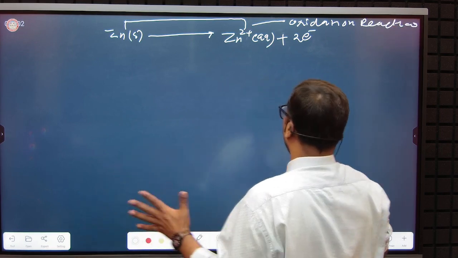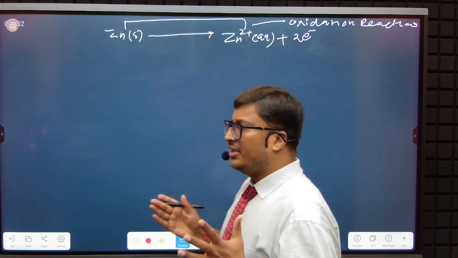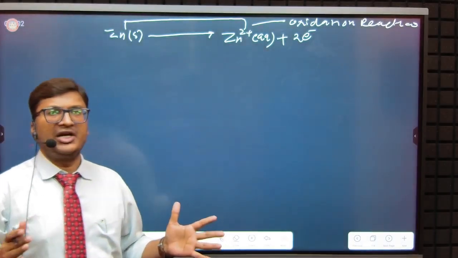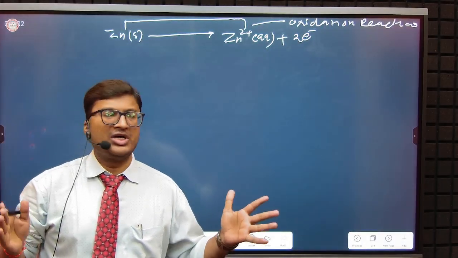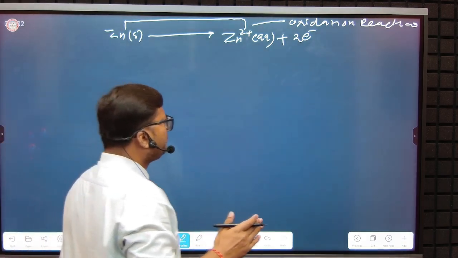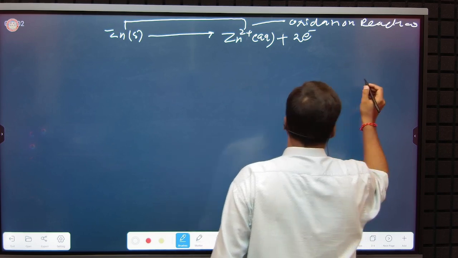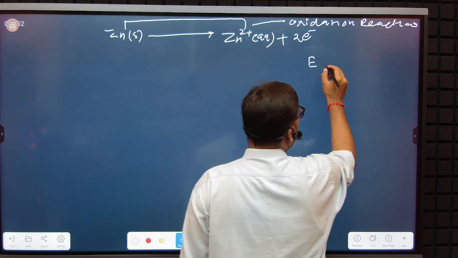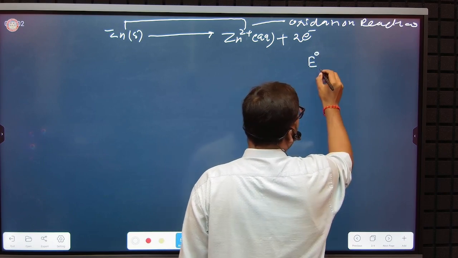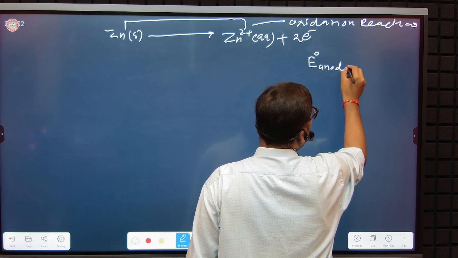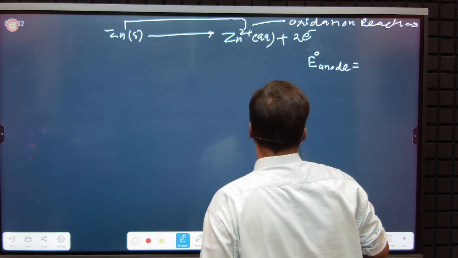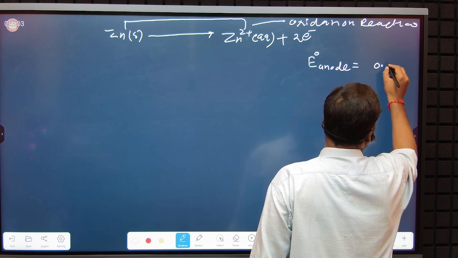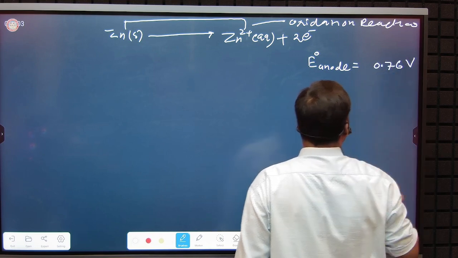And the potential which is generated between zinc 2+ and its solution, that is zinc sulfate aqueous solution, is E0 anode, 0.76 volt.